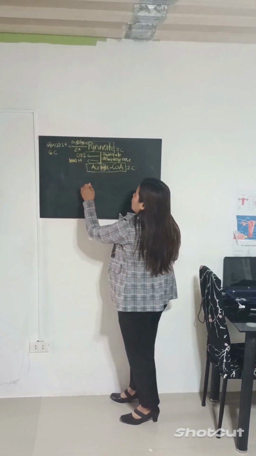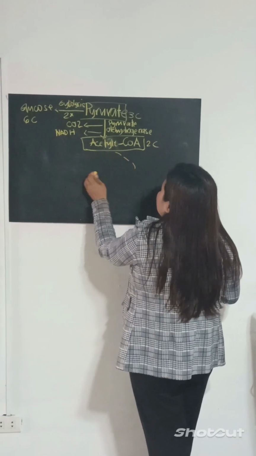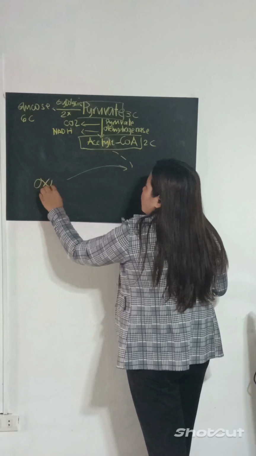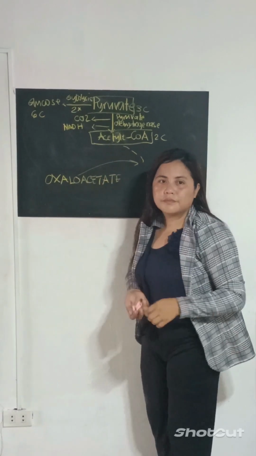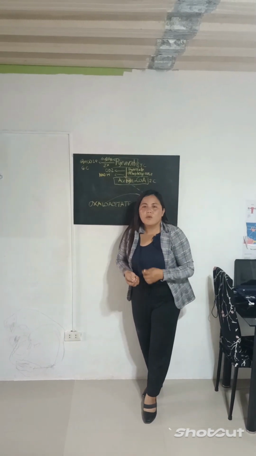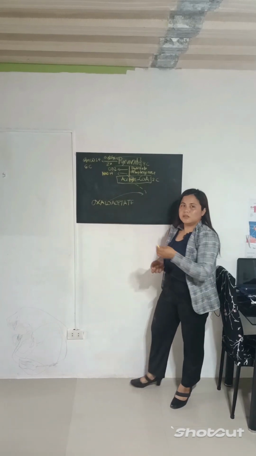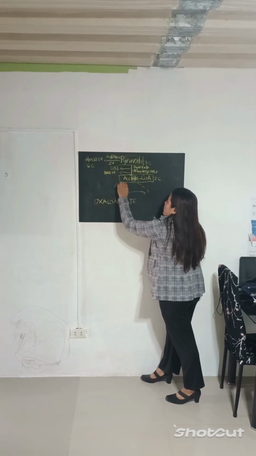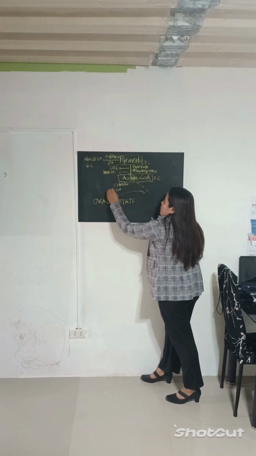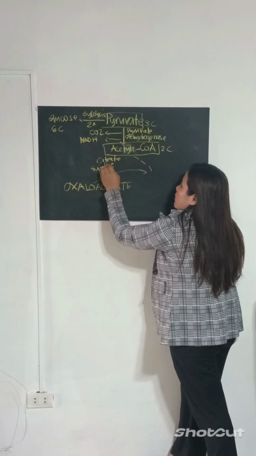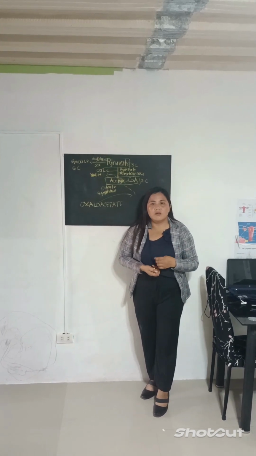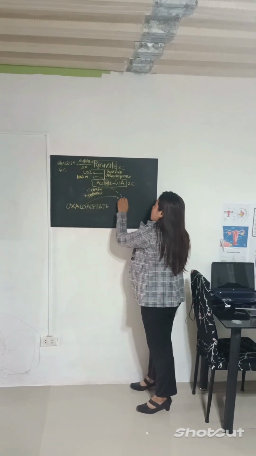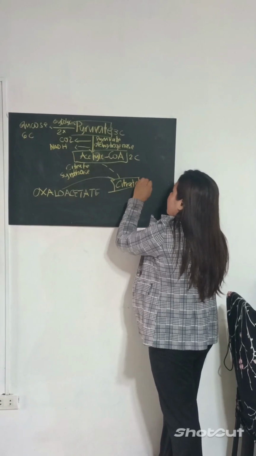The acetyl-CoA combines with oxaloacetate, which is a 4 carbon compound, to form citrate, and hence the resulting molecule is a 6 carbon compound.